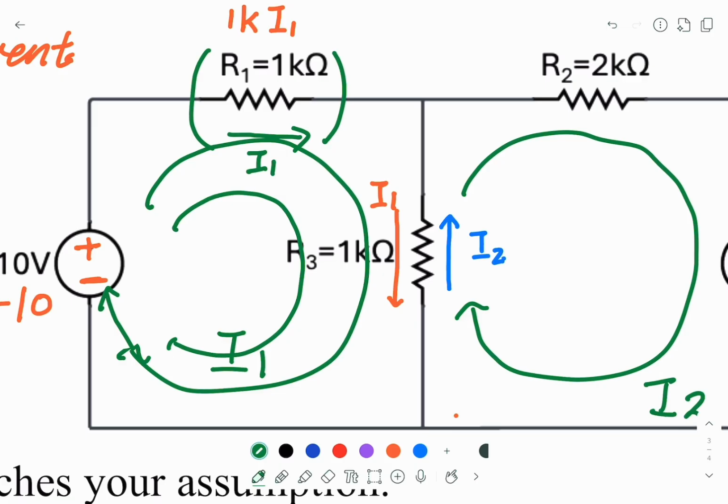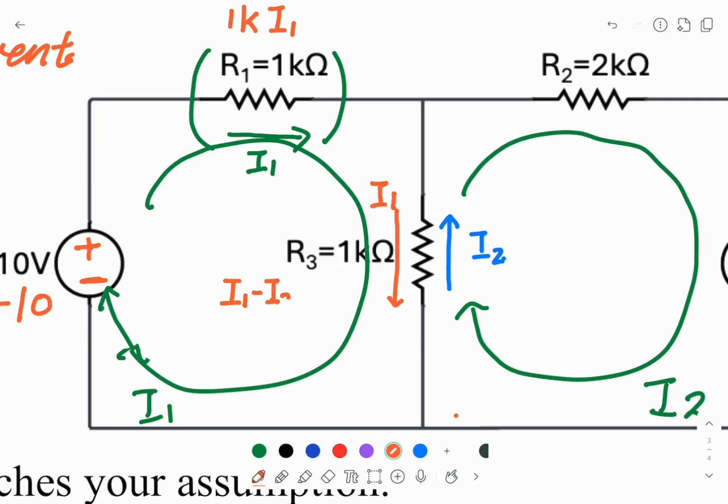It means the total current passing through R3 should be I1 minus I2, the difference, because I2 is opposite to I1. Now, what is the potential difference across R3? I1 minus I2 multiplied by 1k. So this is the potential difference.